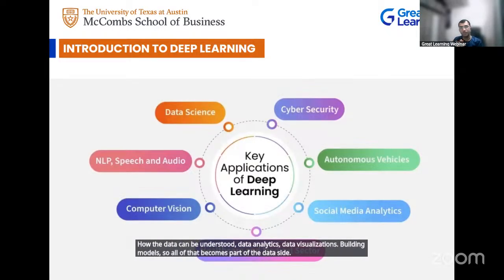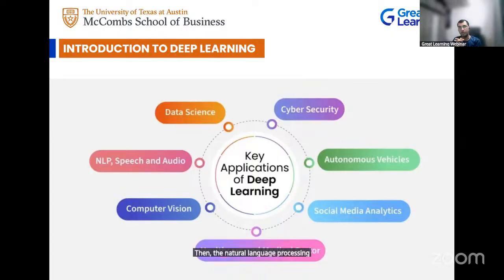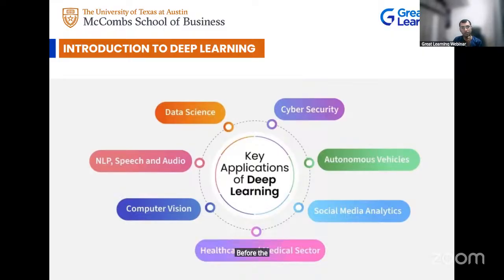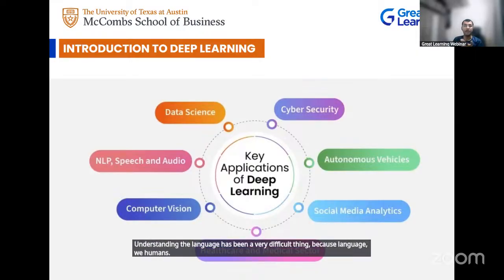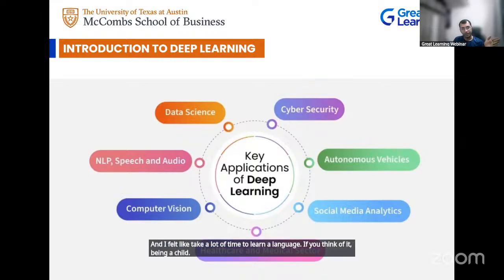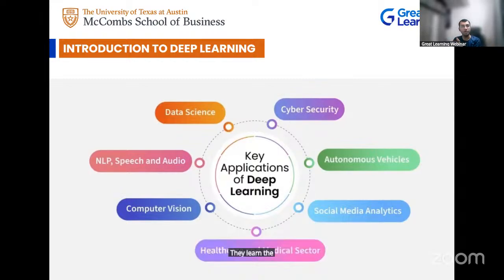Then there is natural language processing, or speech and audio. Natural language is not a very easy concept. Before ChatGPT and the GPT large language models, understanding language was very difficult, because we humans take a lot of time to learn a language. If you think of it, as a child we learn a language to a good extent by the age of 2.5, 3 to 4 years.